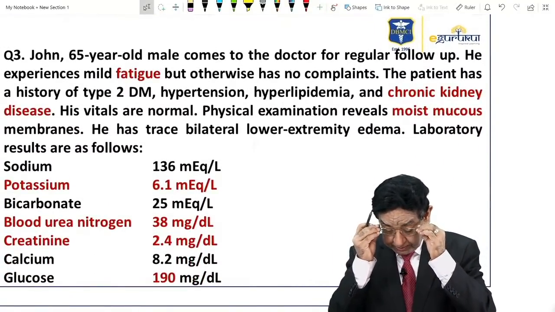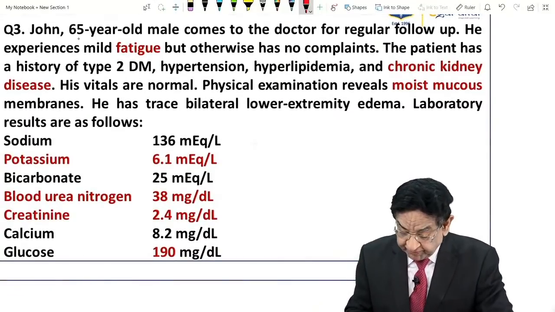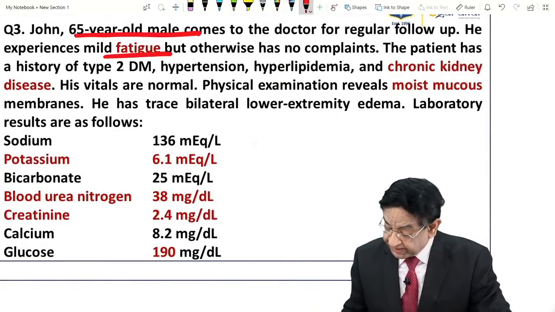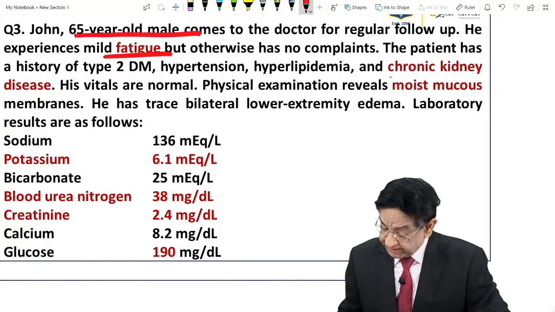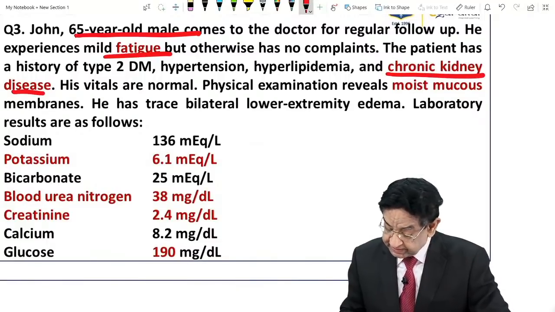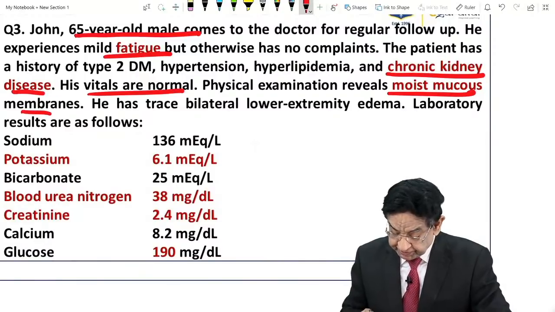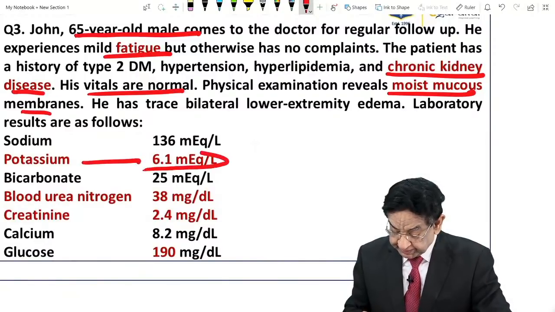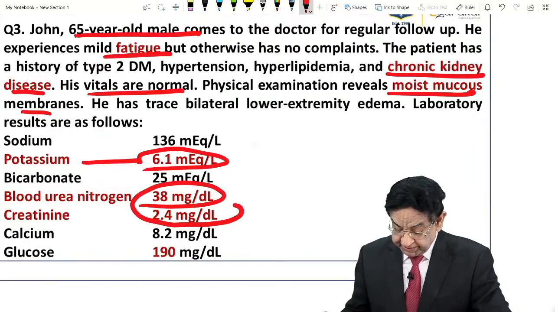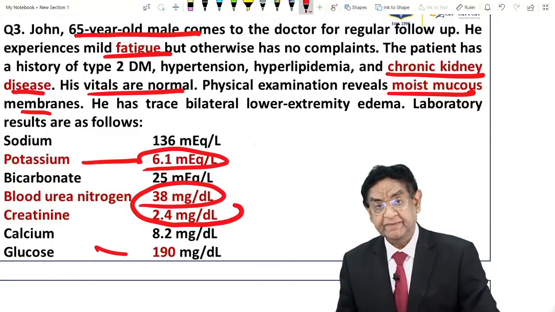With this background, now we come to the question. We are getting John, a 65-year-old male who comes with fatigue. He has chronic liver disease and kidney disease. His vitals are normal. Moist tongue is there. Potassium is 6.1, BUN 38, creatinine 2.4 milligram percent. Glucose level is slightly on the higher side.